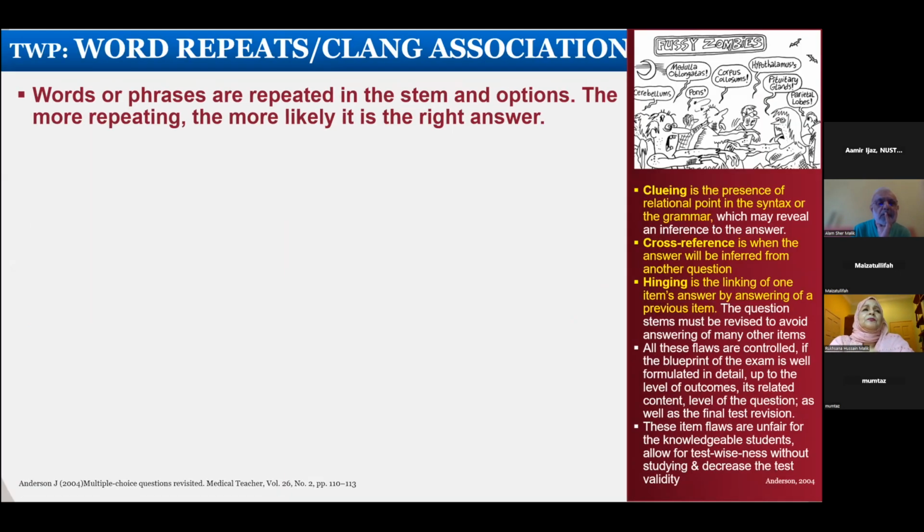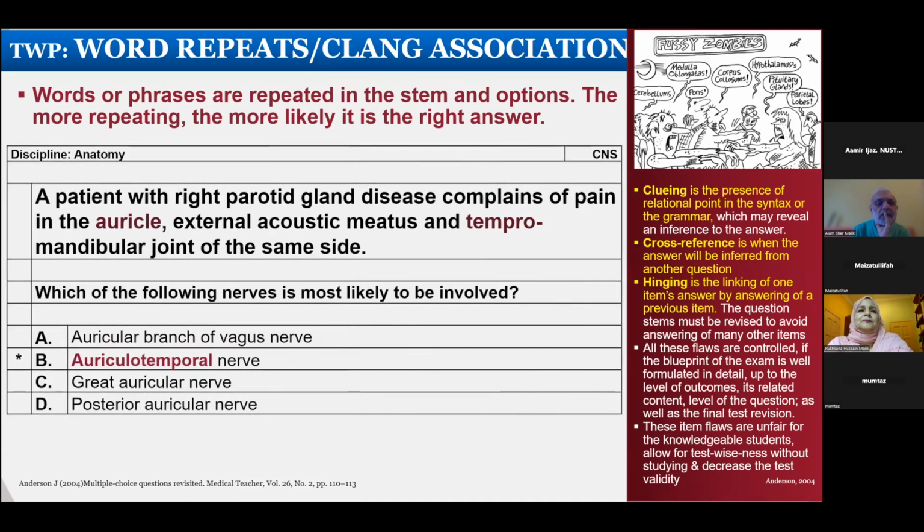Words or phrases are repeated in the stem and options. The more repeating, the more likely it is a right answer. For example, this anatomy question: a patient with right parotid gland disease complains of pain in the auricle, external acoustic meatus, and the temporomandibular joint of the same side.